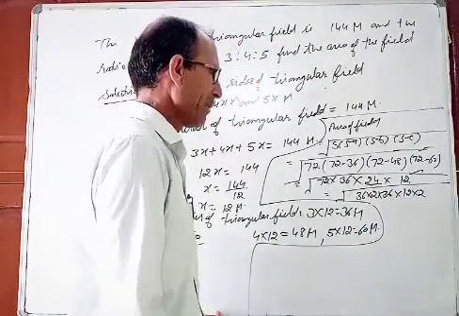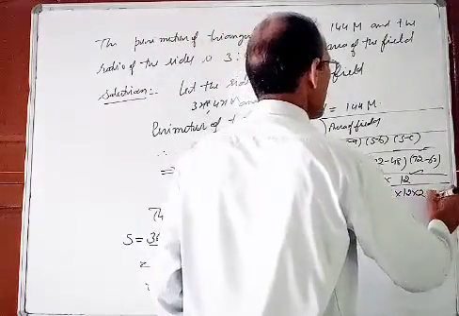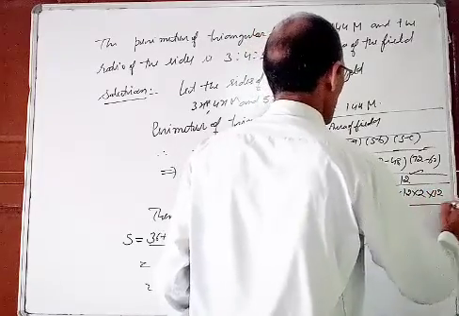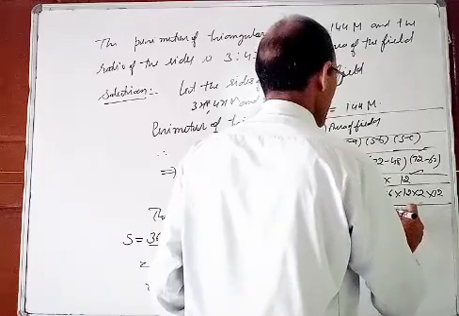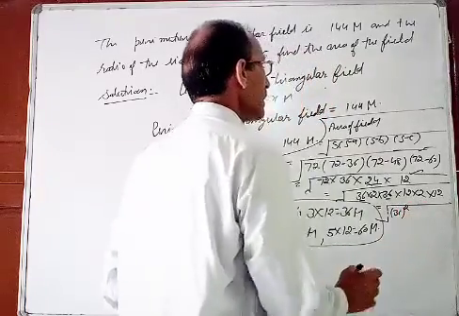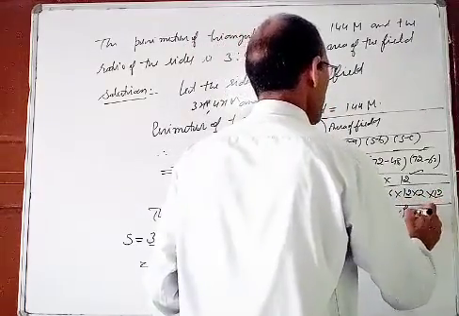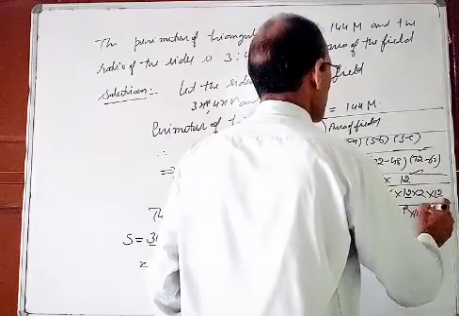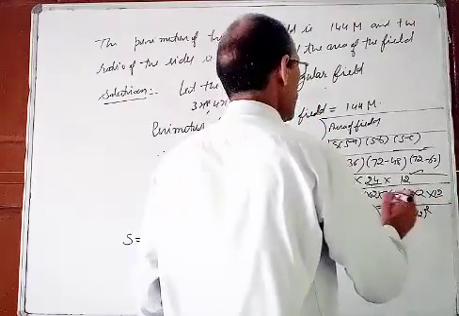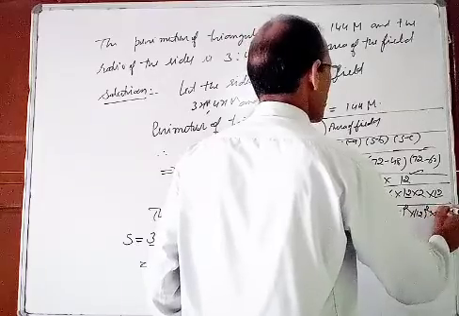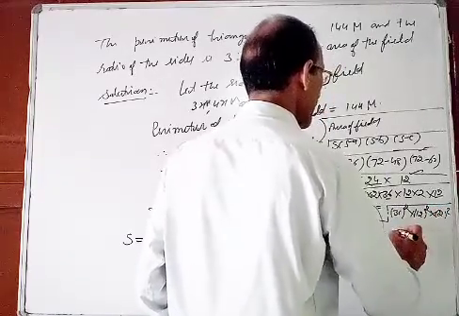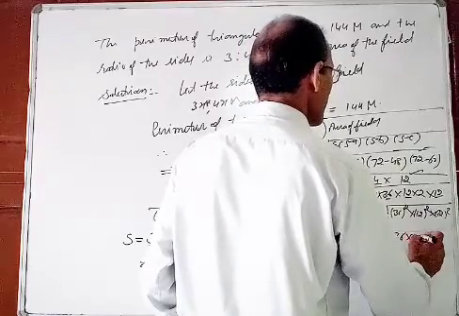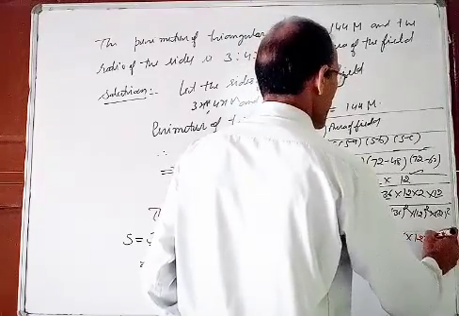So 36 square, 12 square, and 2 square. So square cancels with square root, leaving 36, 12 and 2.